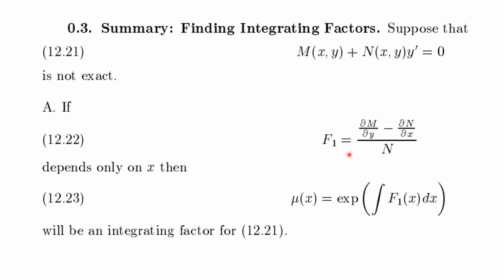So f1 is this expression, the partial of m with respect to y minus the partial of n with respect to x, divided by n. If this f1 expression depends only on x, then e raised to the integral of that f1 expression will give you your integrating factor for the original equation.